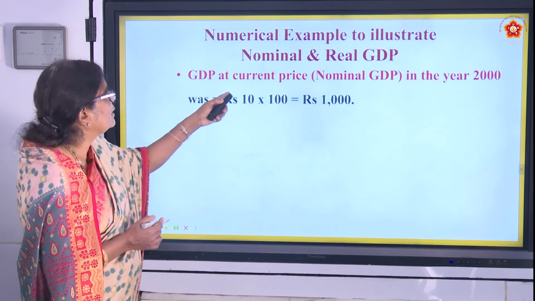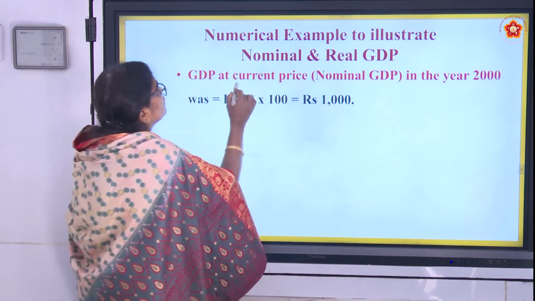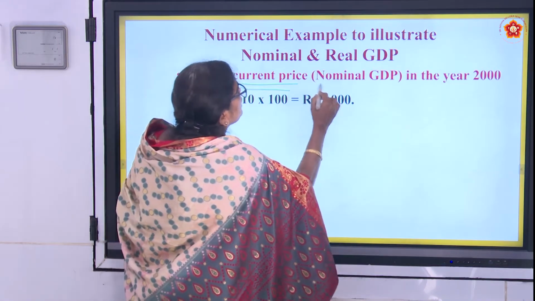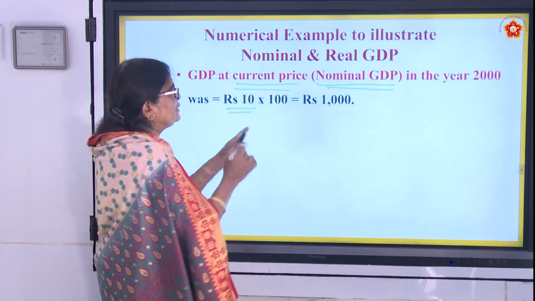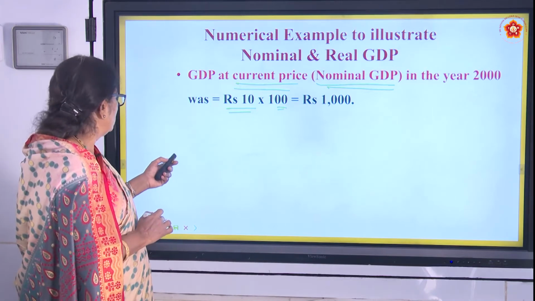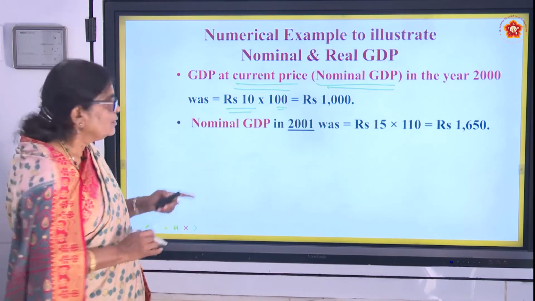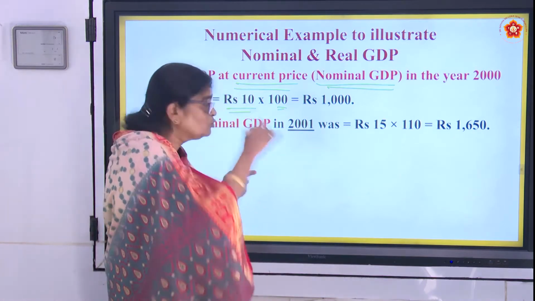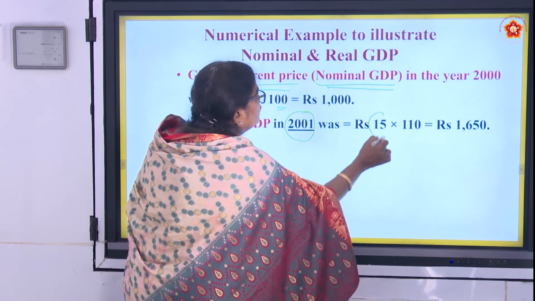GDP at current price, that is nominal GDP, we have seen, no? We have studied already. What is nominal GDP? We calculate it at the current price. In the year 2000, how much is it? Rupees 10 into 100, rupees 1000. I hope you understood. And nominal GDP in 2001, how much? Nominal GDP means the current price of 2001, which is 15.